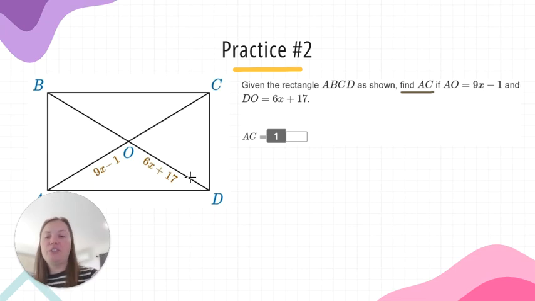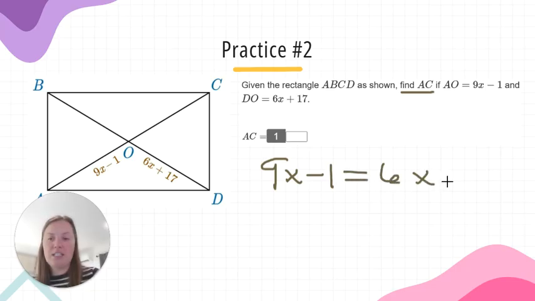We have diagonals. Diagonals bisect each other, right? So that means that 9x minus 1 is equal to 6x plus 17, okay? DB and AC are congruent, and so are their little segments that intersect with O, which is the point at which we bisect.